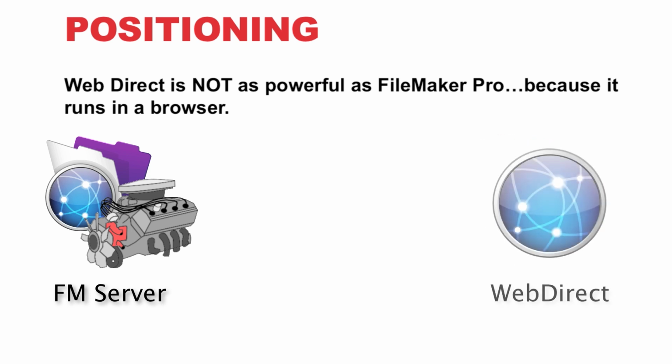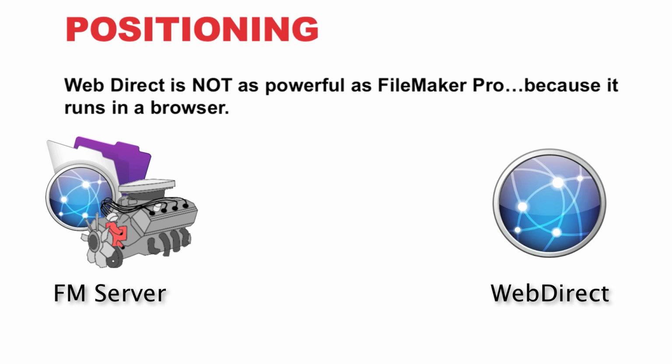WebDirect is a brand new model, and it only features one engine. The FileMaker Server has to do all the work, and as a result, the data has to move back and forth to the browser. The browser caches a little bit of the information, but there is no database engine there to help in processing or to help in logical calculations to help keep things moving smoothly for the user.